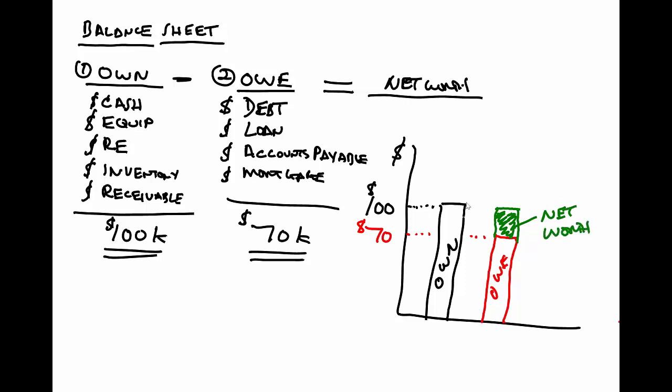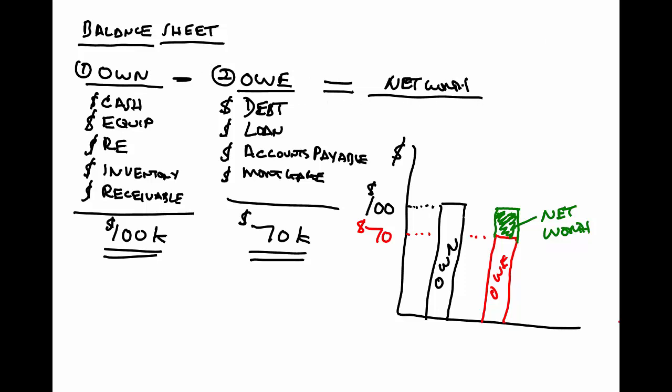And I've drawn that so that these two are of equal height. Imagine that these are of equal height. So what we have here is a situation where what we owe plus our net worth equals what we own. By definition, since net worth is sort of the plug value, what we own minus what we owe equals our net worth.